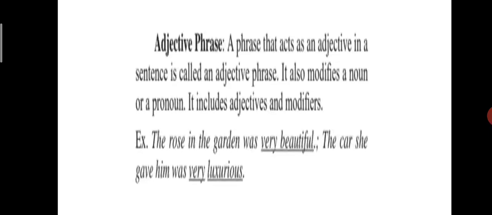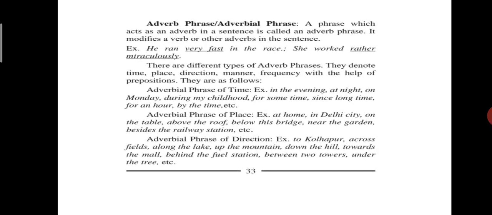Next example, adverb phrase or adverbial phrase. That is, a phrase which acts as an adverb in a sentence is called an adverb phrase. It modifies a verb or other adverbs in the sentence. Remember, an adjective modifies a noun or pronoun, and an adverb modifies a verb or other adverbs in the sentence.